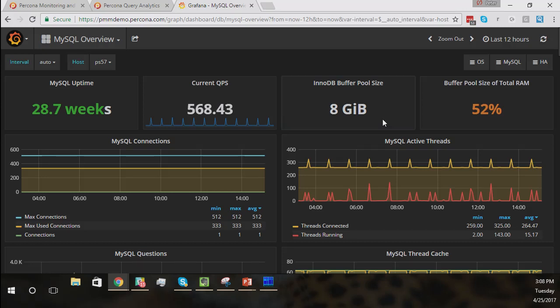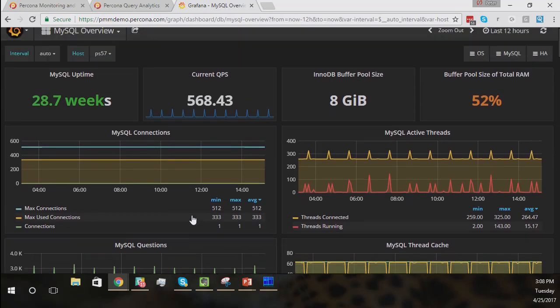And frankly, we do recognize that the majority of people run MySQL with InnoDB these days, so a lot of that is really InnoDB tailored. We can take a look at the active threads, the threads running. That is a very common, very good indication of how overloaded MySQL is. If you have a lot of threads running, chances are something is not good.